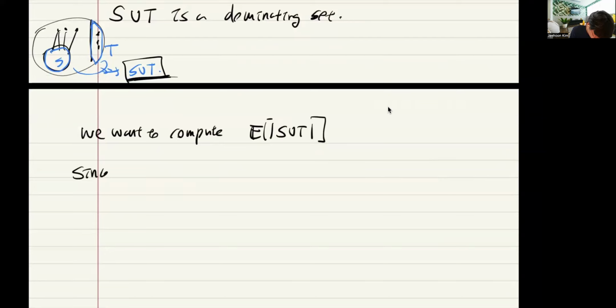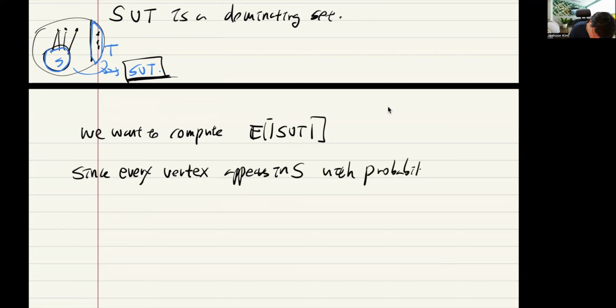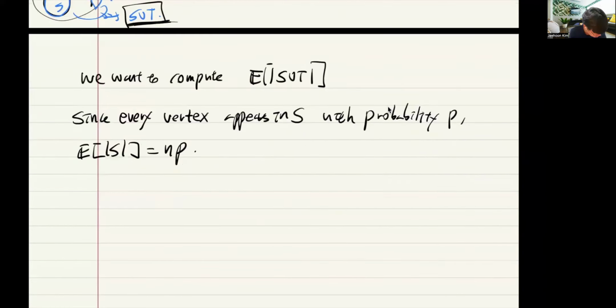Since every vertex appears in S with probability p, the expected size of S is np. This is easy from the linearity of expectation. Each vertex appears with probability p, then you add up n vertices.